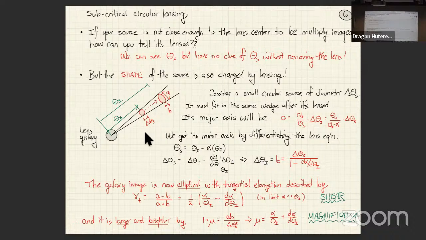Well, yes. There are a couple of things you might think about doing. One is to say, well, what if I still know the bend angle? Anytime I know the bend angle, I can figure out the mass enclosed, right, by just using the deflection formula. And the problem is that the bend angle is the difference between where you see it and where it really is, right?